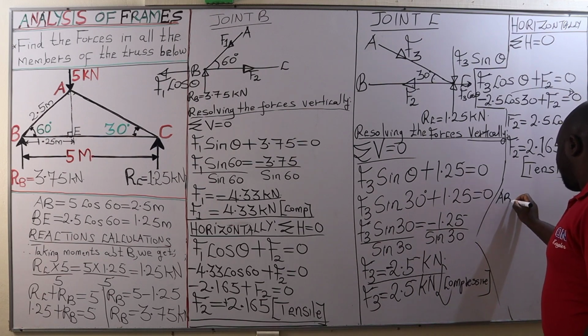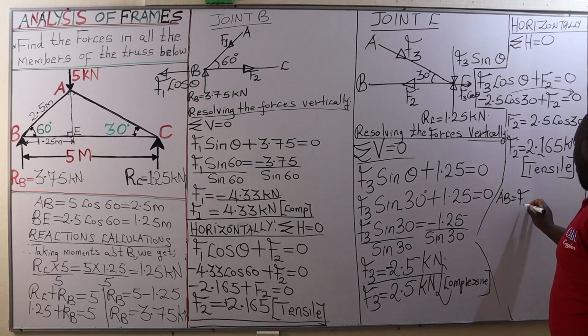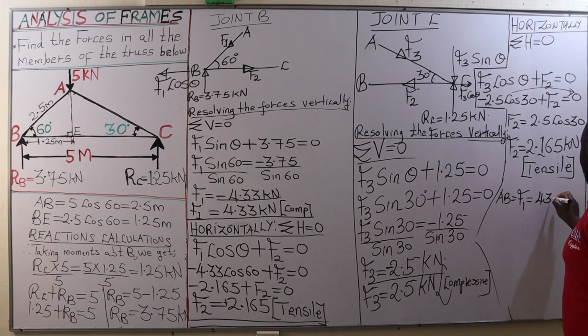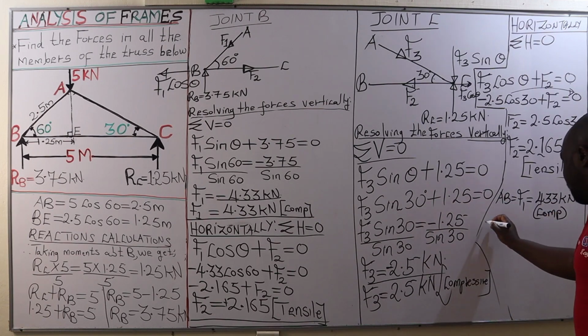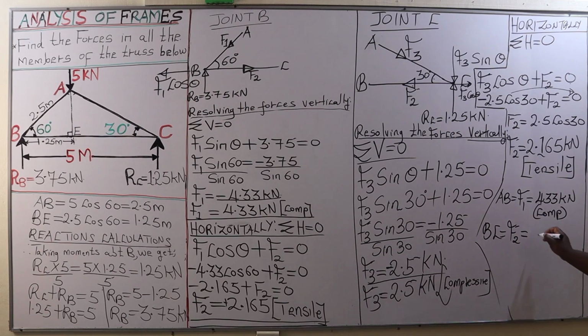Now, if we write those forces in all those members, in member AB we have a force F1, whose value is 4.33 kilonewtons, and that is a compressive force. On member BC, we got a force F2, whose value is 2.165 kilonewtons.